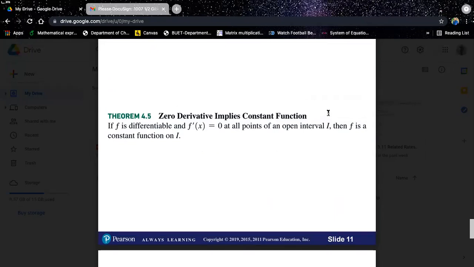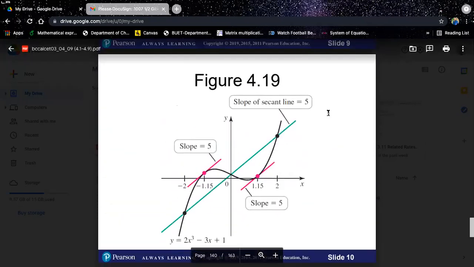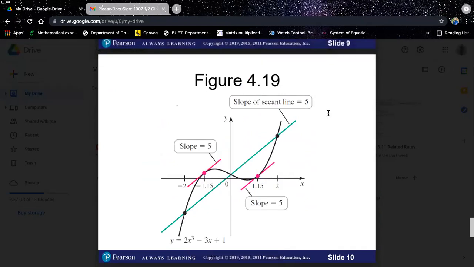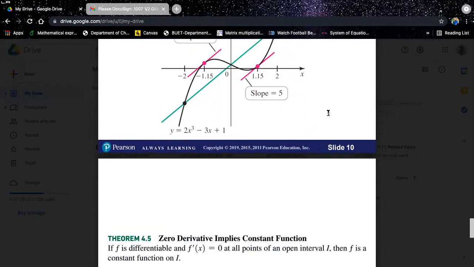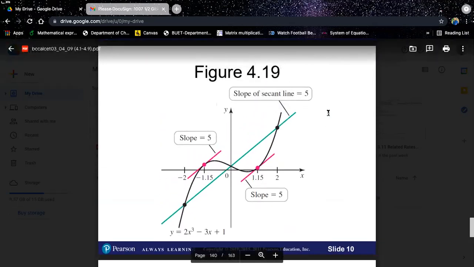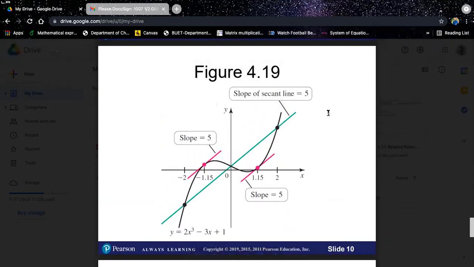Okay, so when we come back after the break, instead of going for more theorems, I'll show one problem: how to find this point which will give you the same slope.